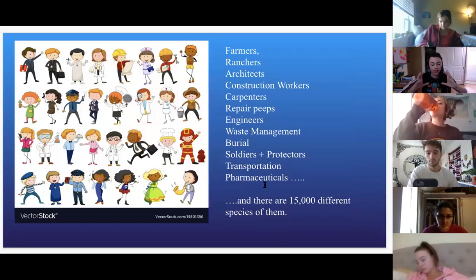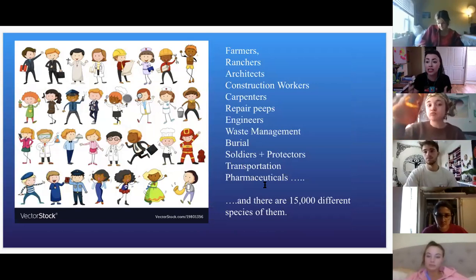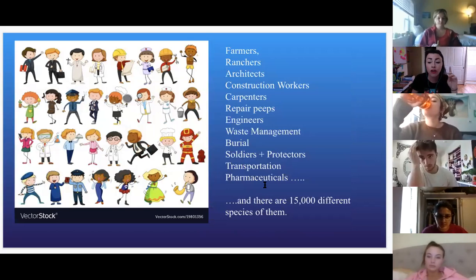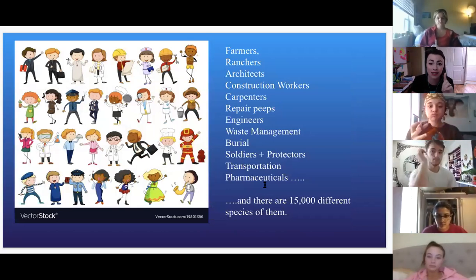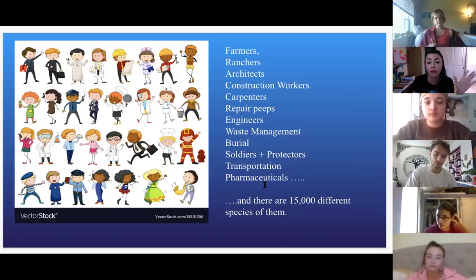We know that sometimes they may start off as one job, and as they get older, they may transfer into other jobs, just like we do as we mature. Now, there are over 15,000 different species. So today I'm going to talk about the general patterns that we see, and then Monday we'll get into some really cool, gnarly, specific details.